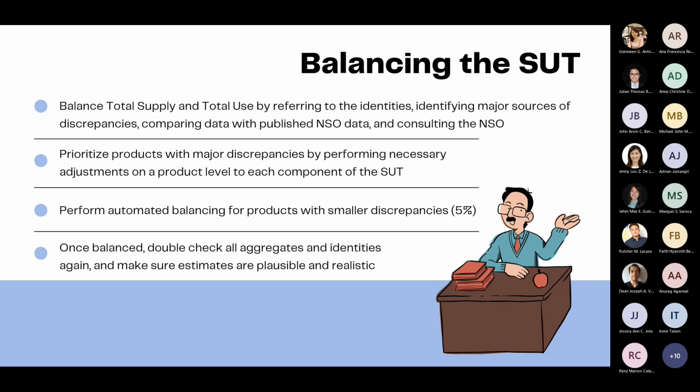And you could also, possibly as a last resort, check the structure of previous supply and use tables as basis, and even other related economies to compare with your current version. So there are many ways to adjust and to balance, but always under the purview and with the consultation of the NSO.